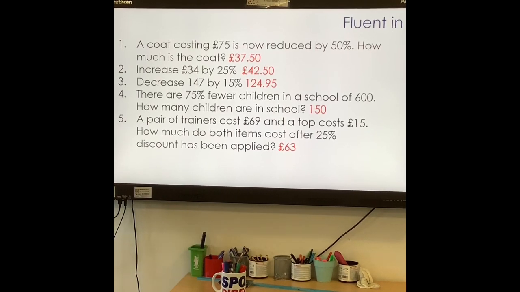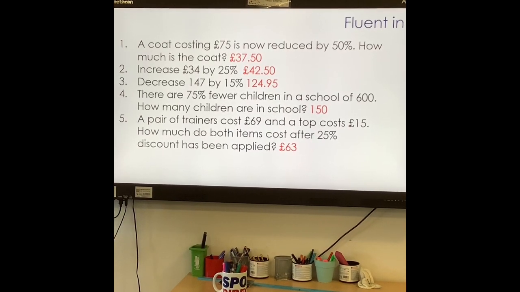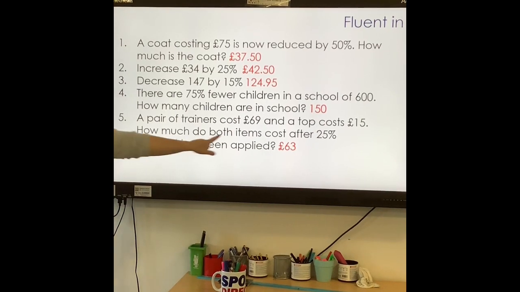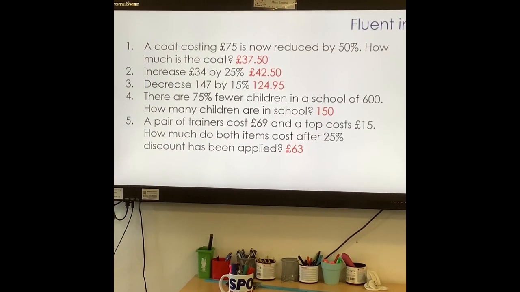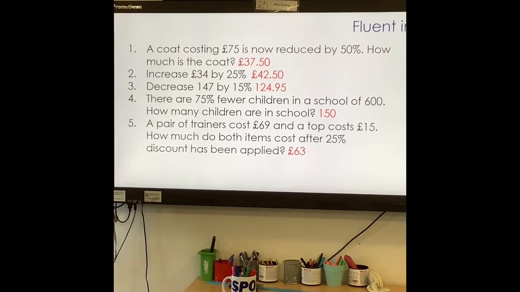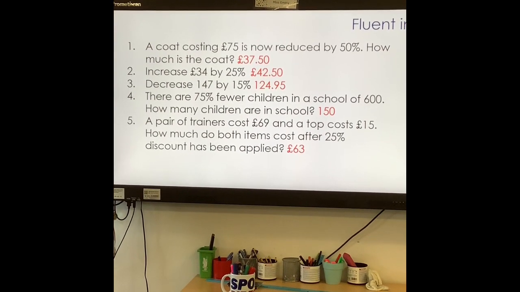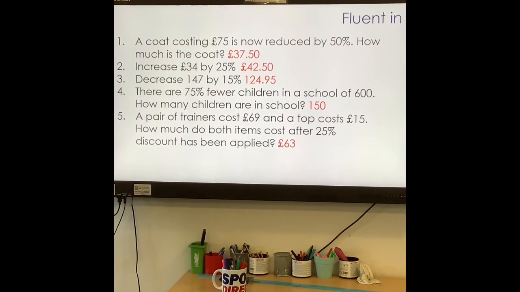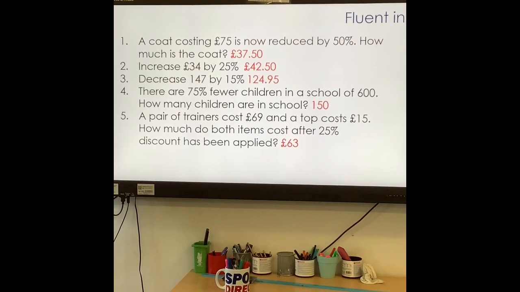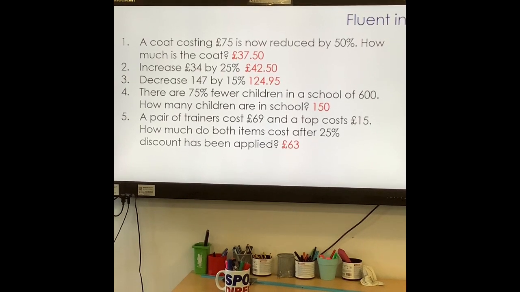Then find out 25% of that amount. Then when you have found 25% of the cost of both items, take that away because they were discounted, it went down, and the price should be £63. Very well done if you got those right.